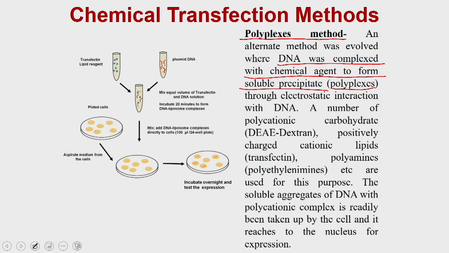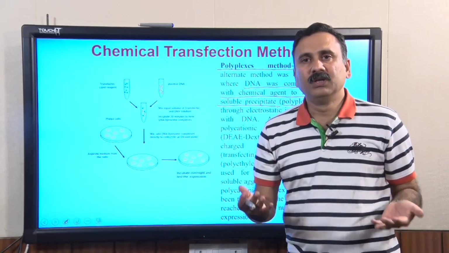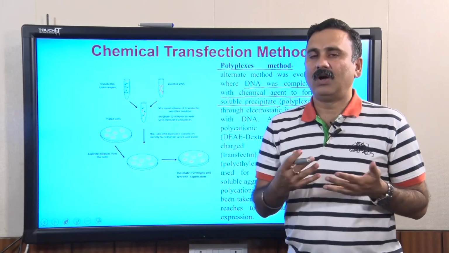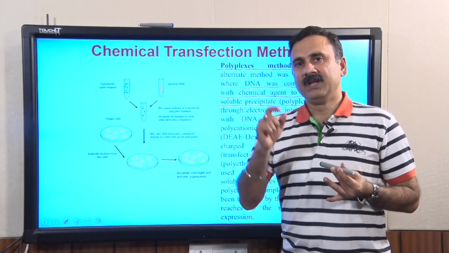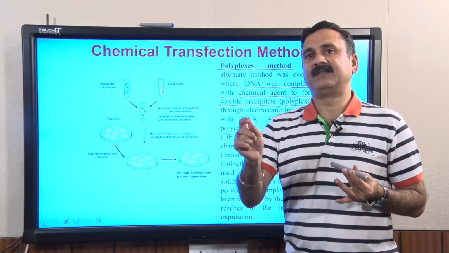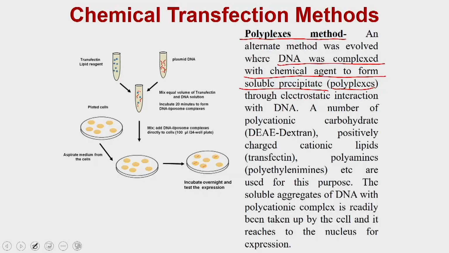Whereas, in the polyplex method you use polymeric substances which form aggregates of a defined size. These polyplexes make a complex with the DNA through electrostatic interaction, which means the DNA is negatively charged, and the material you use for making the precipitate interacts with the DNA through a positive charge.